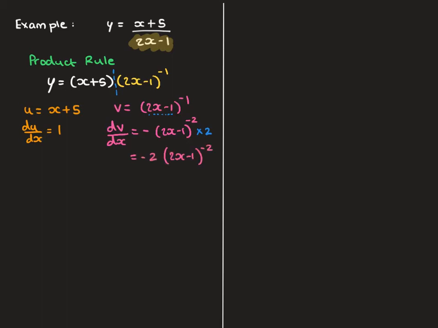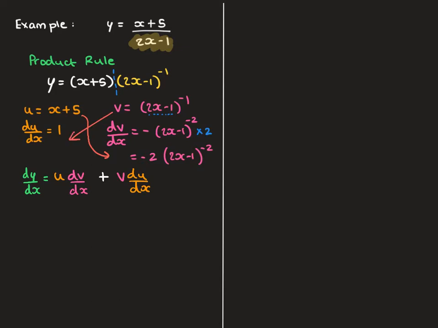Let's remind ourselves of the product rule that dy by dx is equal to u multiplied by dv by dx. So this pair here multiplied together, plus v multiplied by du by dx.